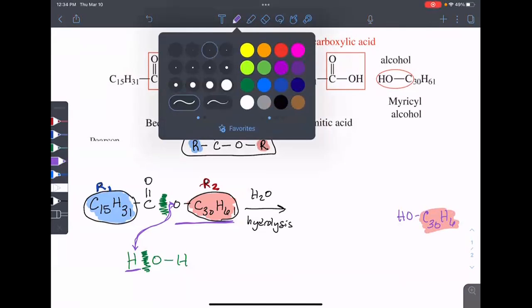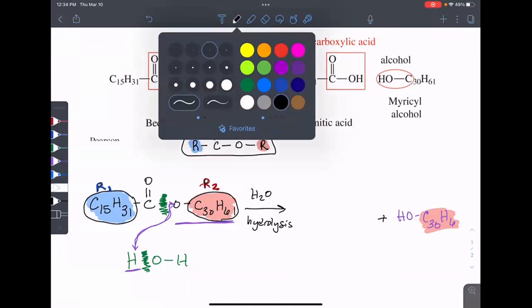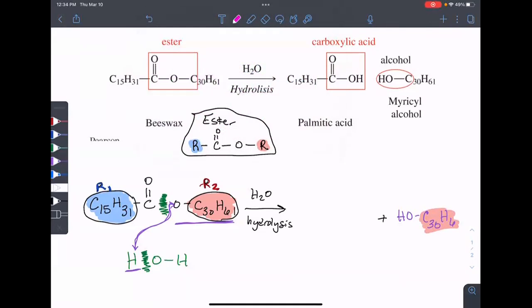So the same thing is going to be true about the other side of the molecule. So here, let's see if I do pink. I'm going to take this hydroxyl and I'm going to attach this to the side of the molecule that didn't get the oxygen. So right there. So I'm going to bond from the oxygen to the carbon.